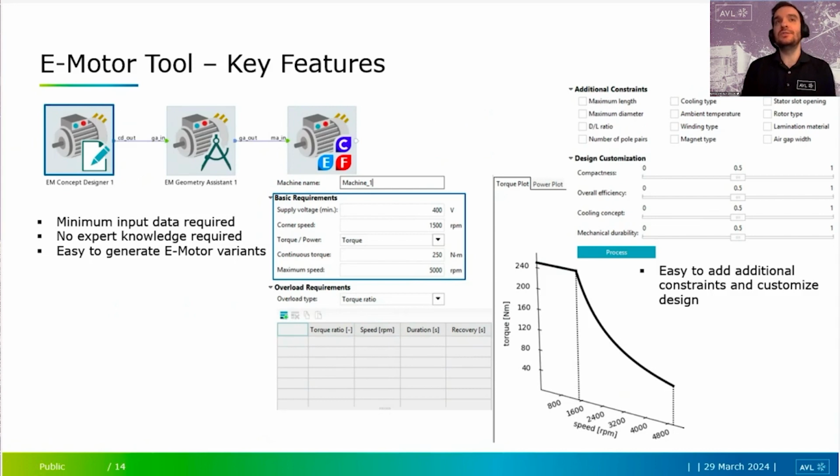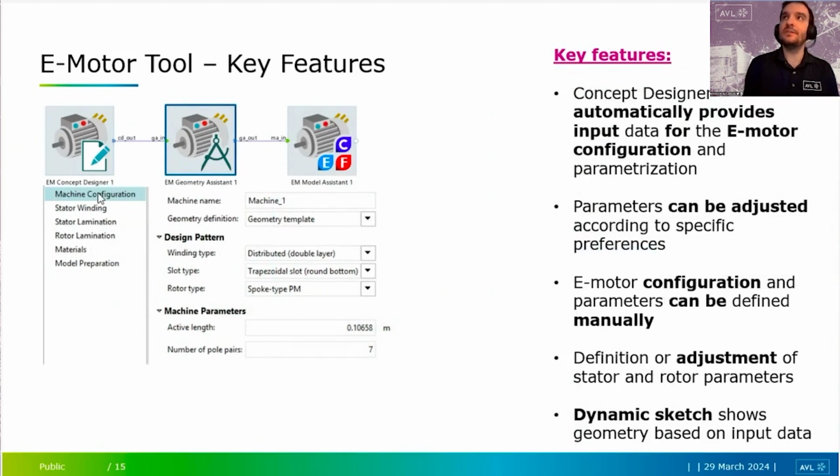And these use some internal intuition within the tool. Some people would call it machine learning or whatever. But with that, you're able to quickly screen and filter designs of your e-motor if you're starting really from a concept phase. So it's extremely useful in that portion of your development.